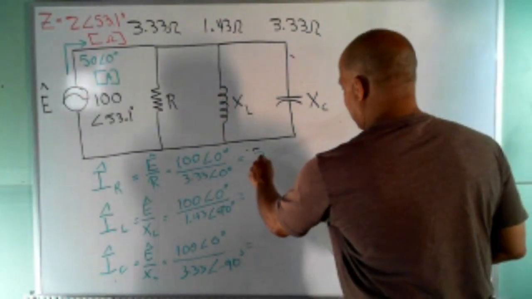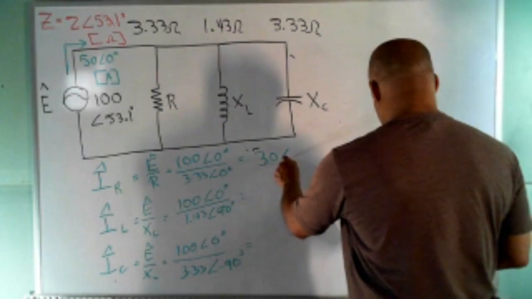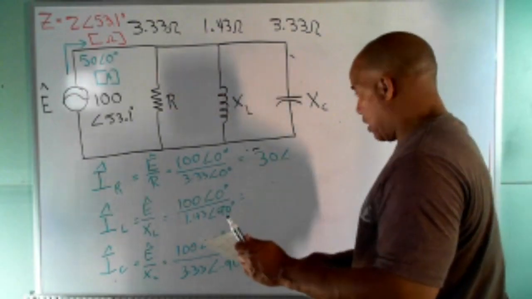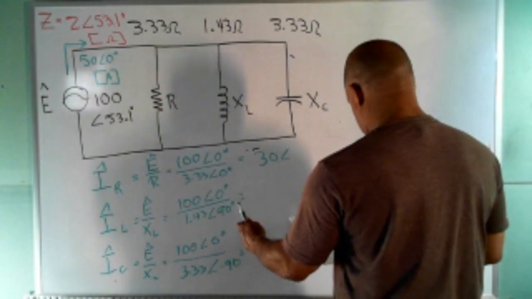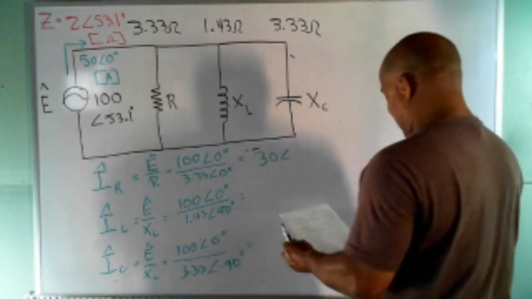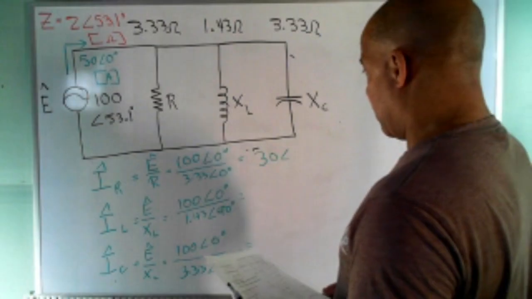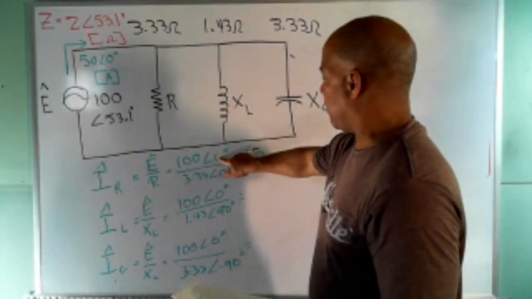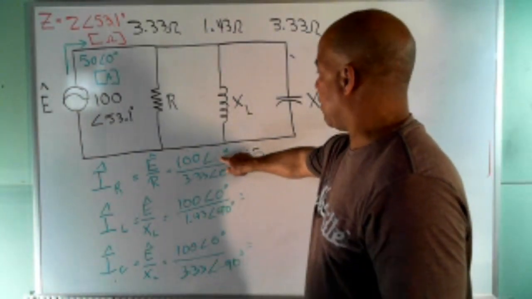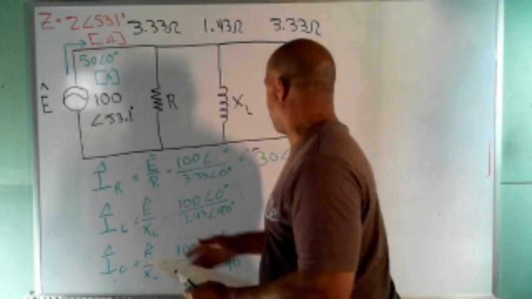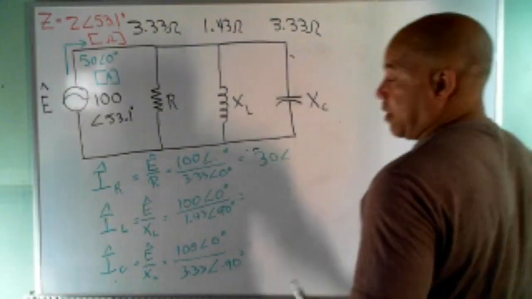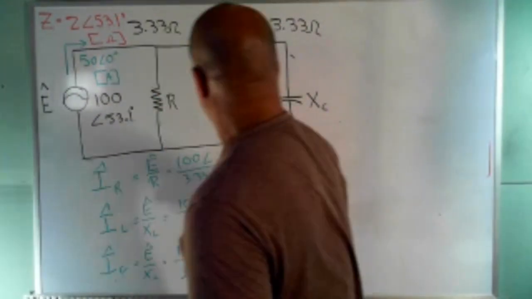For this one, I got 30 angle... wait a minute, I got something different here. Oh, this right here, I made a mistake. This angle here is actually 53.1 degrees. So I wrote that wrong for all of these. I'm surprised you guys didn't catch me on that.